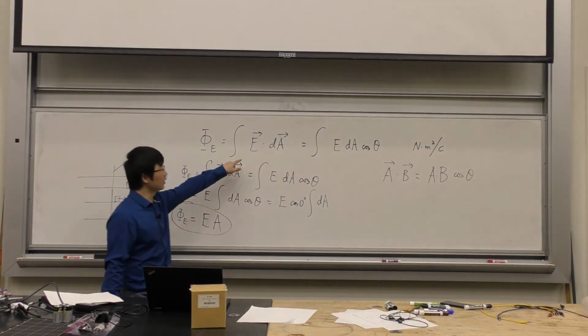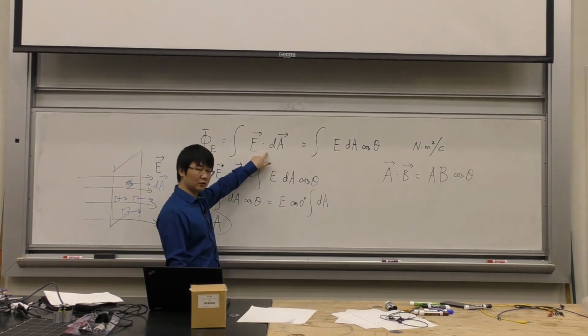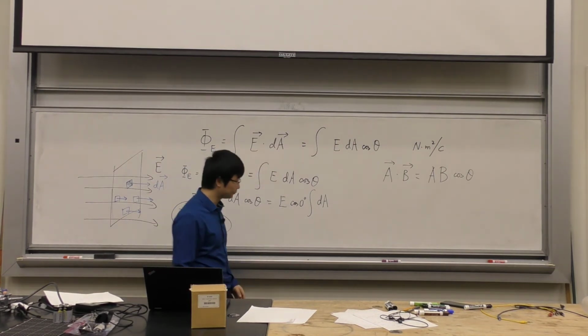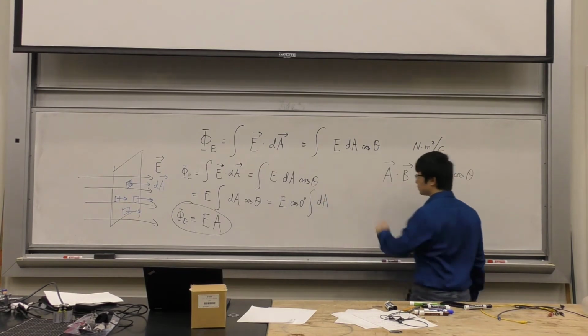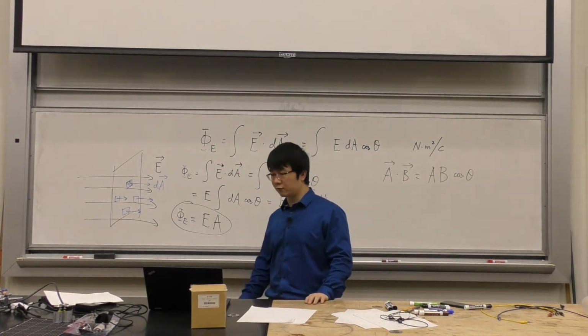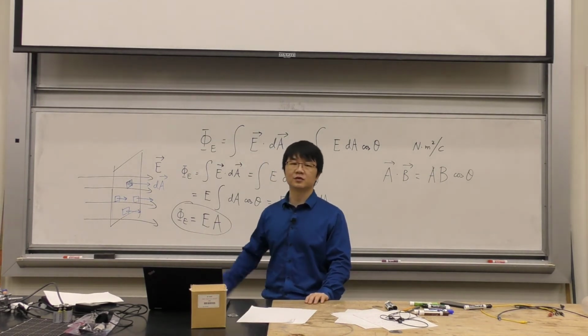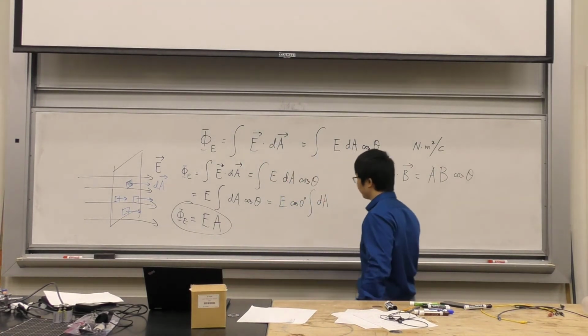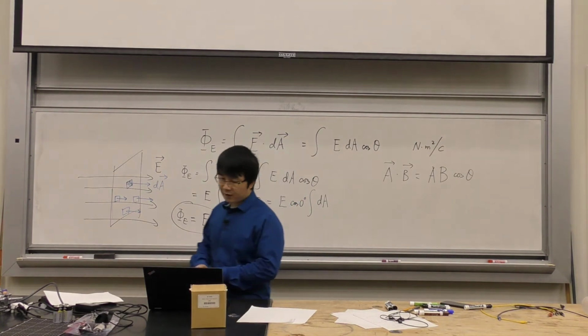We're never going to really integrate anything using this definition. Okay, we're never going to integrate anything in this flux part. Okay, so that's the first special case. When the electric field is perpendicular to the surface everywhere, the flux is E times A. That's it. Okay. Now, what about the second one?